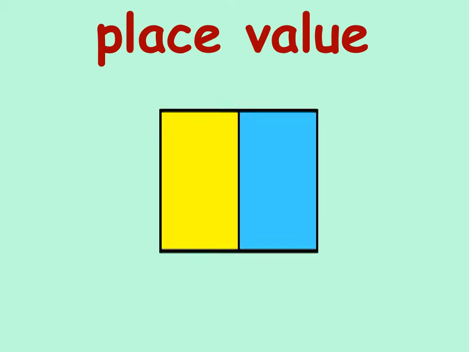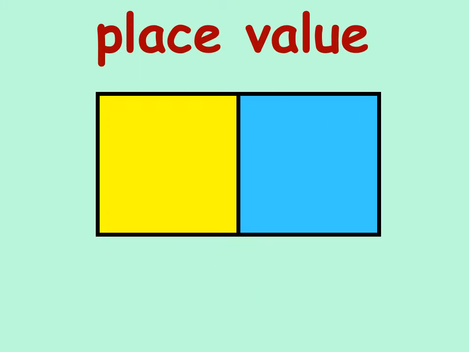Now, place value. I'm going to give you a box here. It's one big box and has two squares. There's a yellow square and a blue square. Today, we're only going to work with the blue square. We don't have to worry about the yellow square. We're going to do that tomorrow.